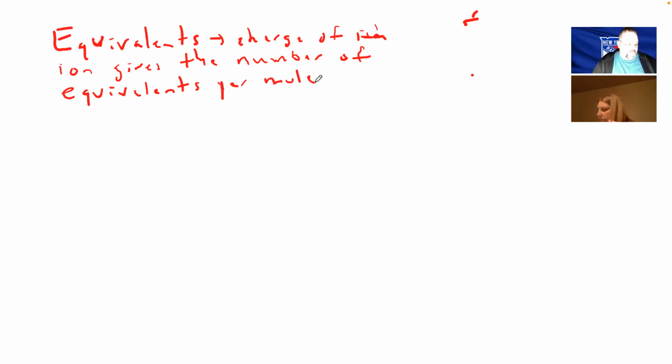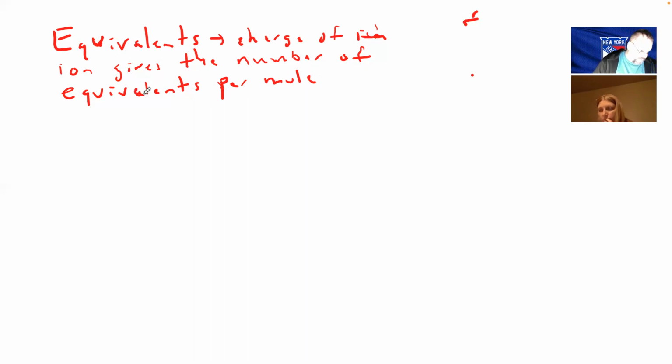Because sometimes instead of counting particles by moles, for ions we count things by equivalents. So essentially the charge indicates the number of equivalents that you have per mole of that particular ion.